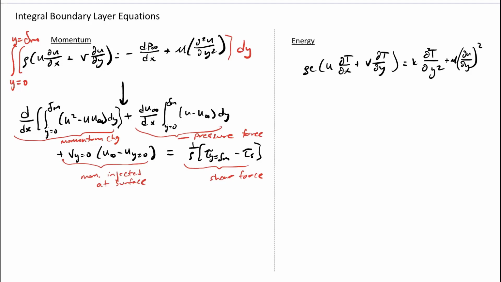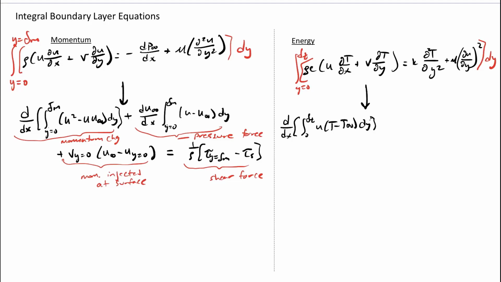What we're going to do is take this equation and integrate it from y equals 0 to delta m, or sorry, delta t now. Delta t, right? This is the thermal boundary layer. We're doing that over position y. And then again, we have this messy proof that gets us to the following equation. So I'll write it out. It's d/dx of the integral from 0 to delta t of u times (T minus T infinity) dy.